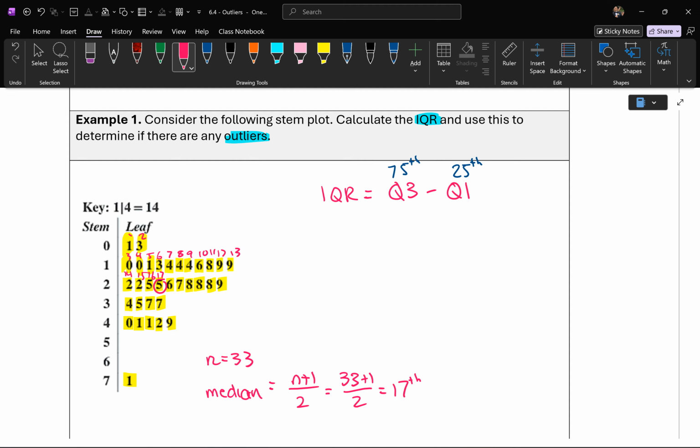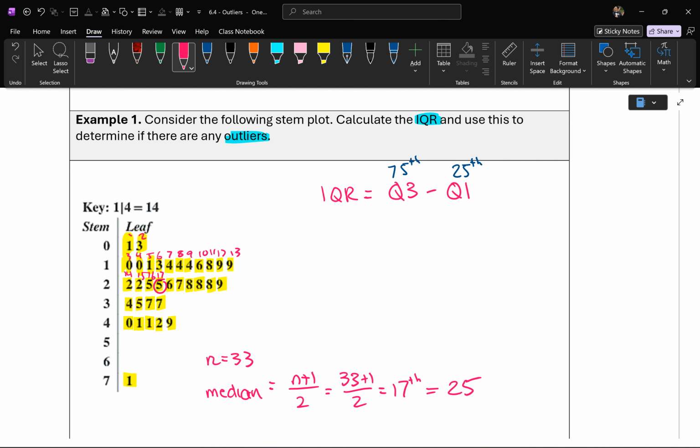I said that the middle had to be between these two because that's where most of the data is. And we figured out number 25, that's the 17th position. So the middle is 25. So if 17 is the middle, that means you have 16 numbers on the lower end, and you also have 16 numbers in the upper end.